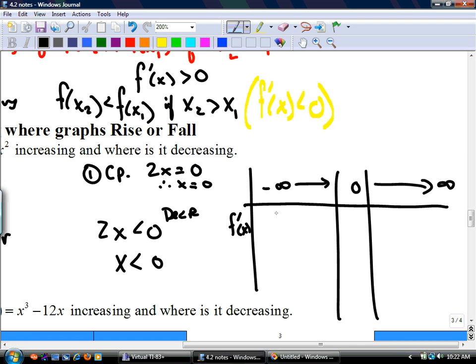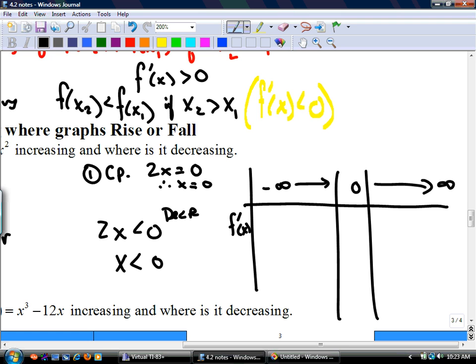So I would like everybody to take the derivative and pick any number between negative infinity and 0. Negative 1.